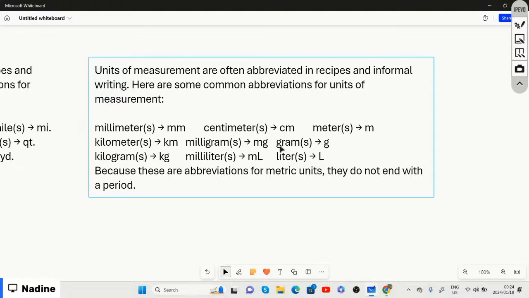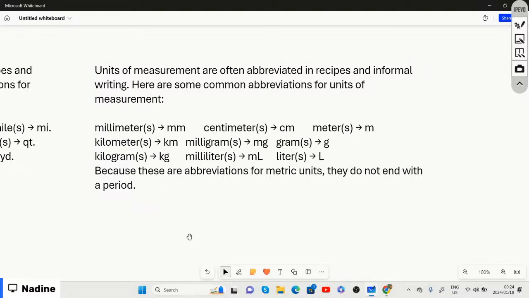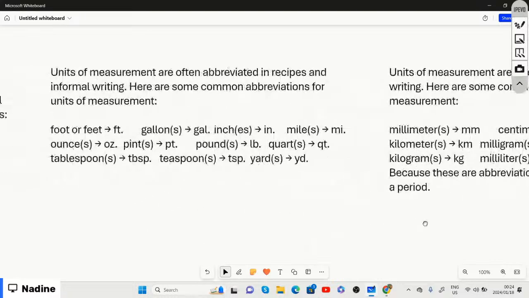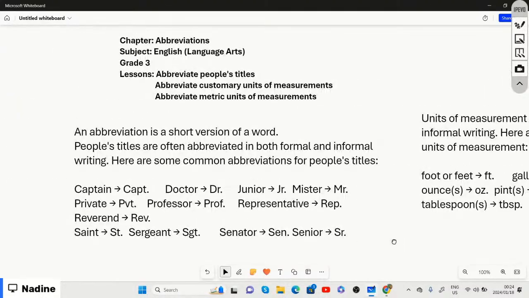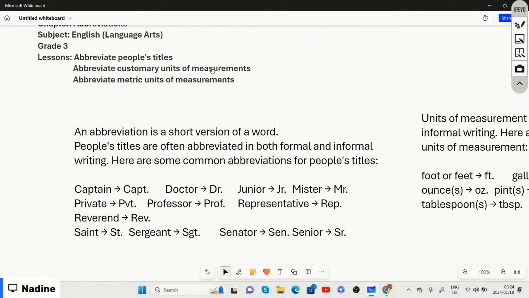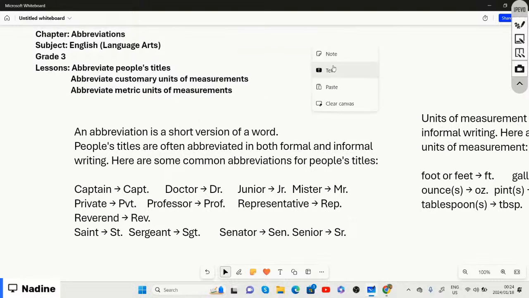Because these abbreviations are metric units, they do not end with a period. That is why I said it is not capitalized and we do not end it with a period. All right, so this is our chapter on abbreviations, and we are doing our tutorial lesson on A Plus Students dot ca.